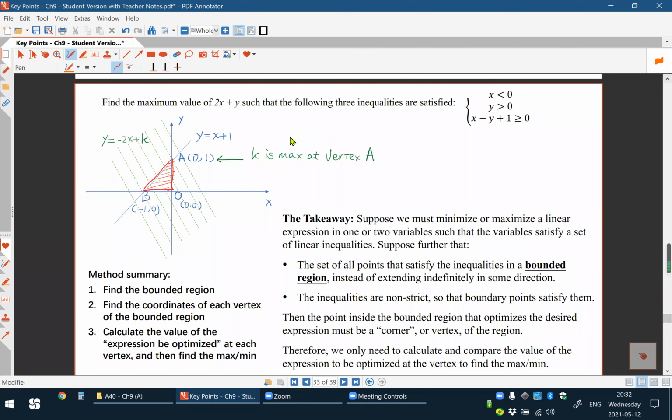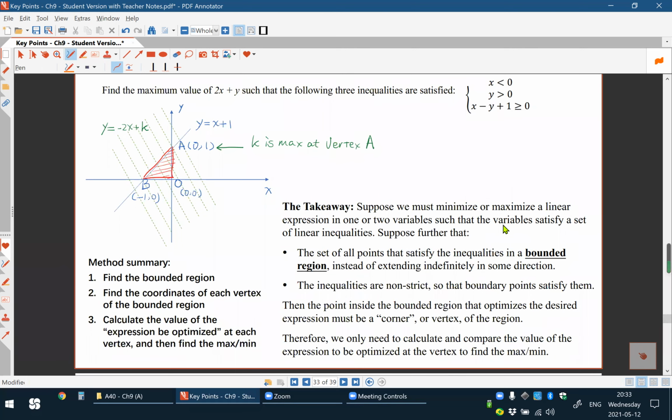How do we find the maximum or minimum value given a set of constraints? What is the takeaway? Takeaways are, suppose we must minimize or maximize a linear expression in one or two variables such that the variables satisfy a set of linear inequalities like this. Okay, this is our constraints.